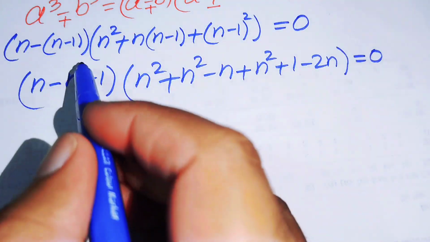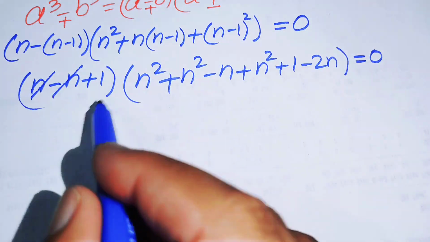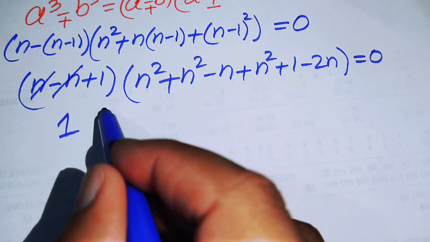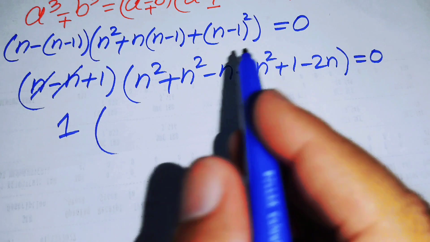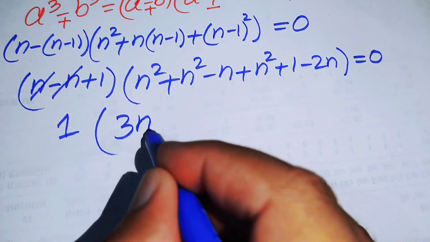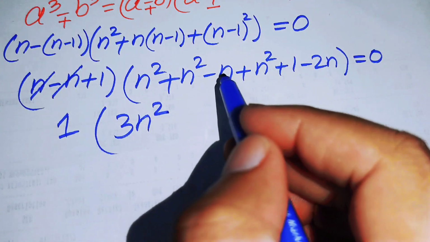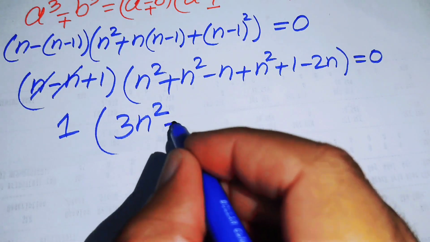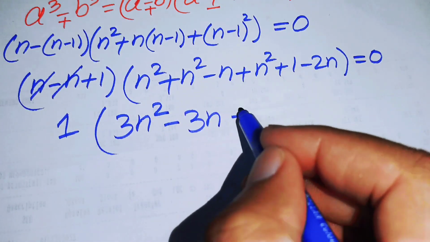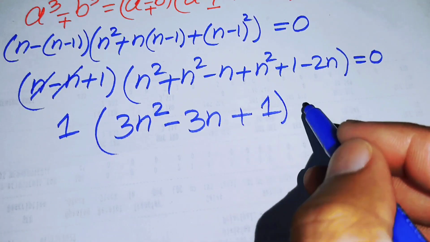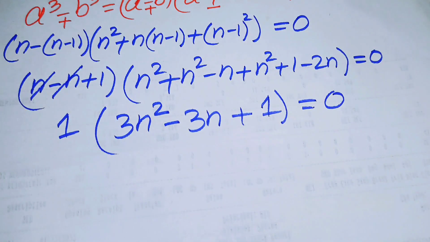Now we can simplify the terms, and you see that this n is gone, and you get 1 times (n squared plus n squared plus n squared is equal to 3n squared, and minus n minus 2n is equal to minus 3n, and plus 1), and this whole equation is equal to 0.